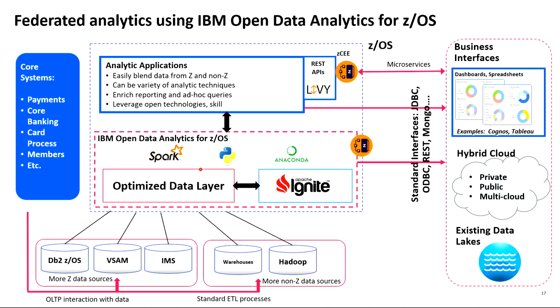Now, enabling that on Z is really not enough because they can run anywhere, right? The key is to enable those analytic runtimes and have them integrate with a unique optimized data layer that knows how to get access to a wide variety of data and can provide that abstraction, so that if you write a Spark application on Z or not on Z, it looks exactly the same.